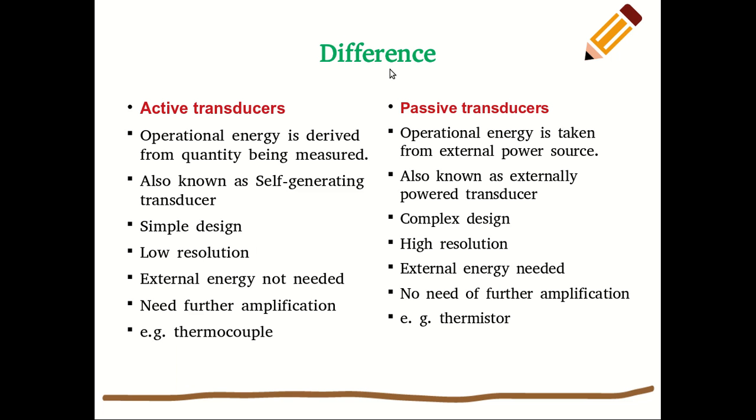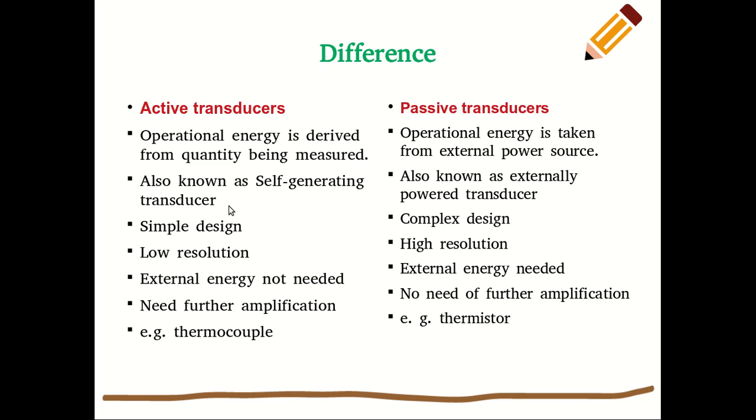So, here are the differences between an active transducer and a passive transducer. The main thing that you have to focus on here, apart from the definition, is that the design or construction of an active transducer is simple, but the construction of a passive transducer is quite complex.